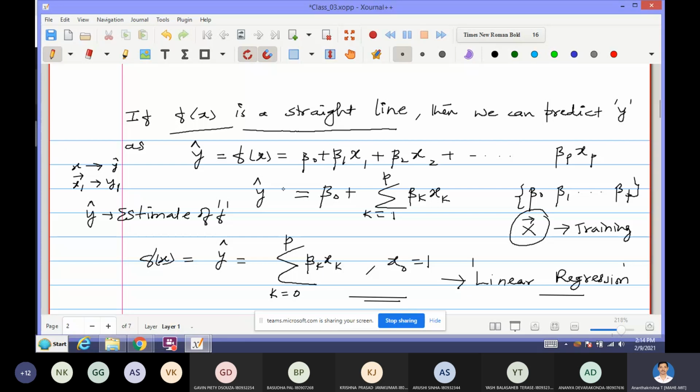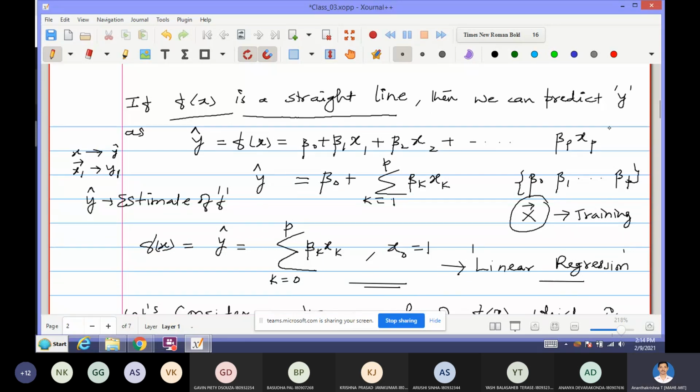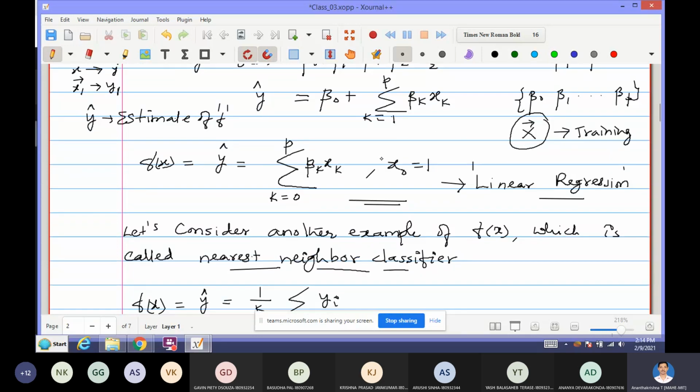So f of x is a linear expression that can be written as y cap is equal to beta 0 plus summation k equal to 1 to p of beta k into x k. It can be represented better as a single summation, letting k run from 0 to p, by including x0 also into this summation with the condition that x0 is equal to 1.